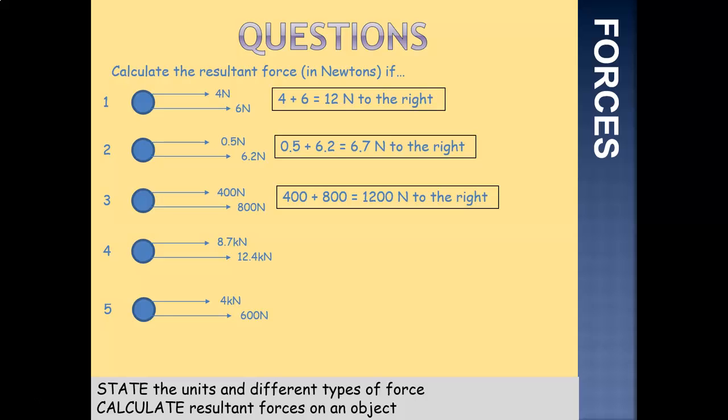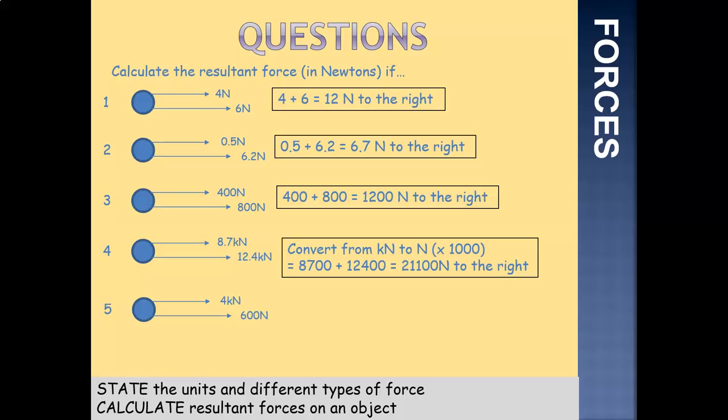Question 4, if we look at the top of the question, it tells us to calculate the resultant force in newtons. Now our original values are given to us here in kilonewtons, so we need to convert our figure to newtons. There are 1,000 grams in a kilogram, so there are 1,000 newtons in a kilonewton. So to change that into newtons, we simply multiply that by 1,000.